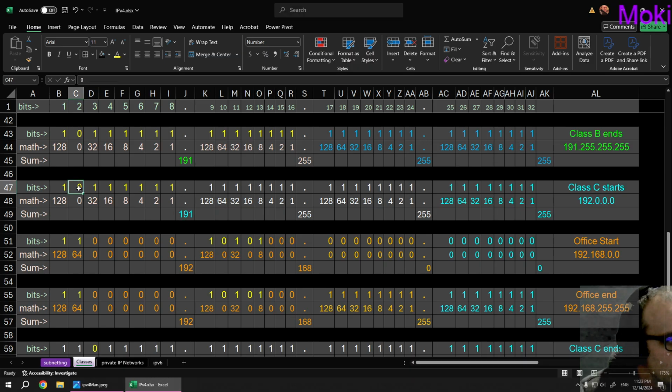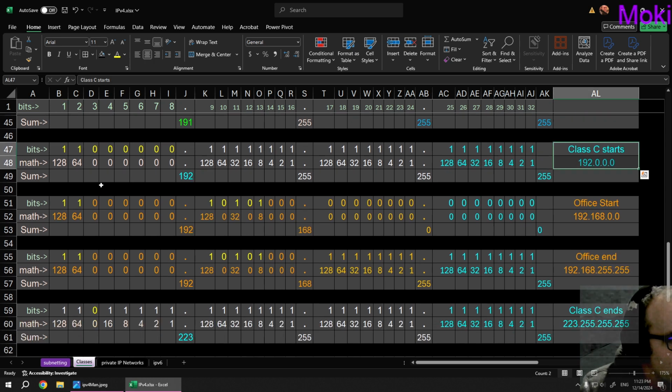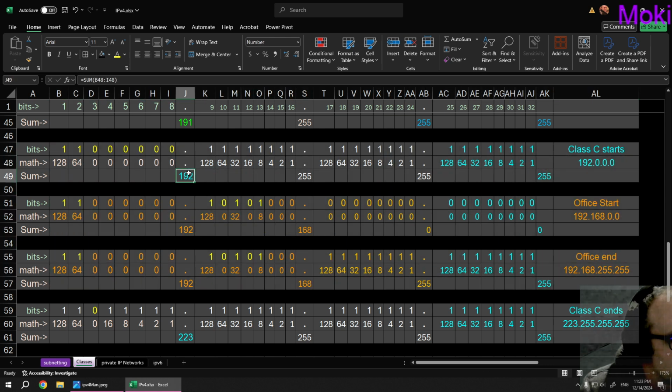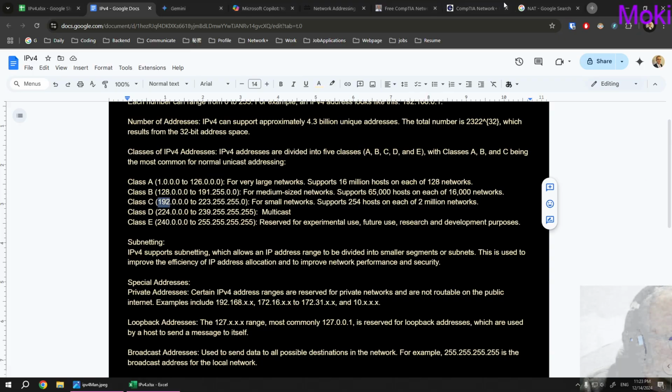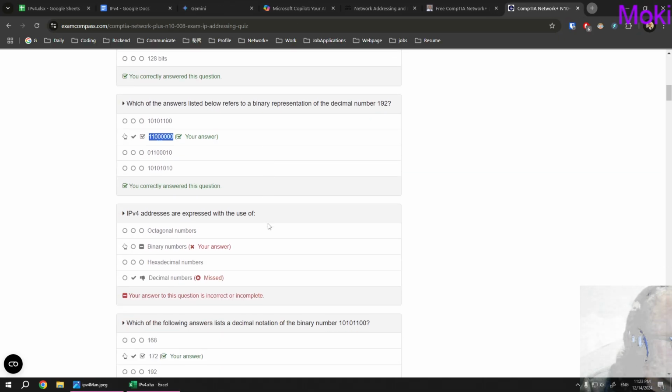I made a mistake here, so let me fix that. The two ones here are 192, that's for class C. All of these should be 192 in the beginning.